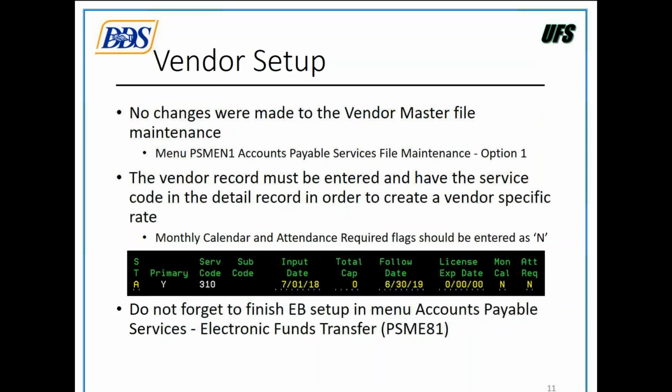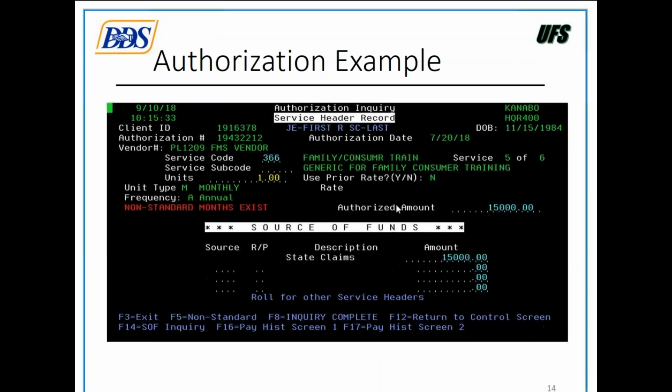If you could go back to the example of the authorization with different subcodes there. So they're all combined under the same authorization, so all categories. What if one of them changes and we have to cancel it, or it's all set up for a year and no changes will take place?